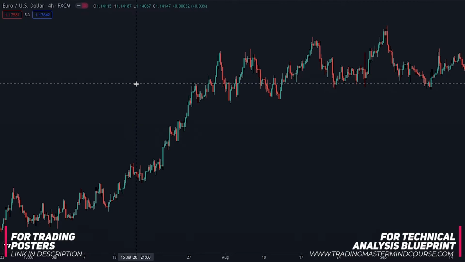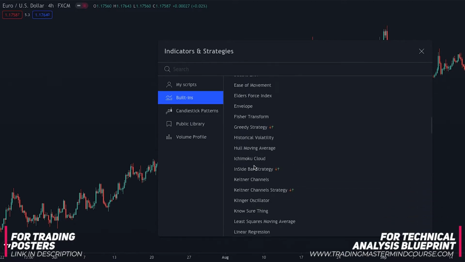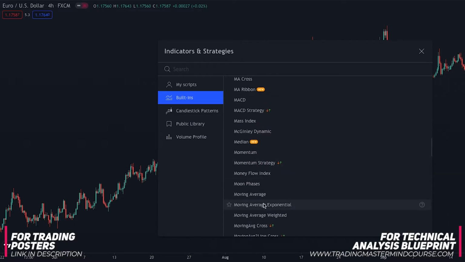Let's get started. So with this strategy, we are only going to be using one indicator as well as some price action confirmations. The indicator that we are going to be using is an exponential moving average. So let's put that on the chart.